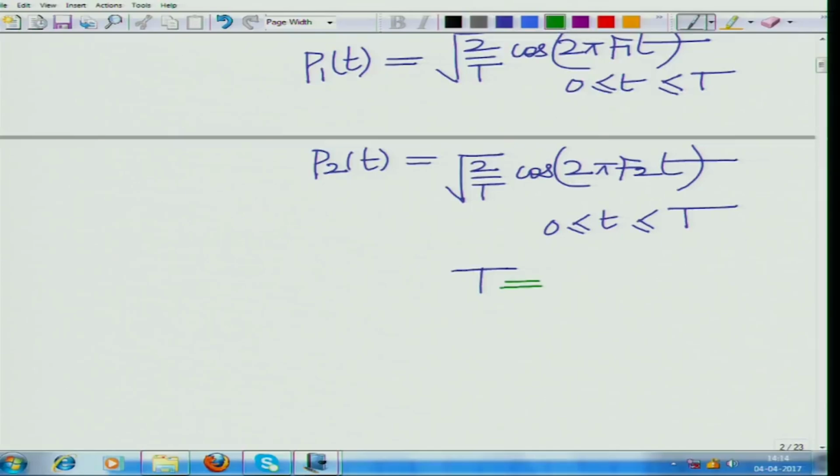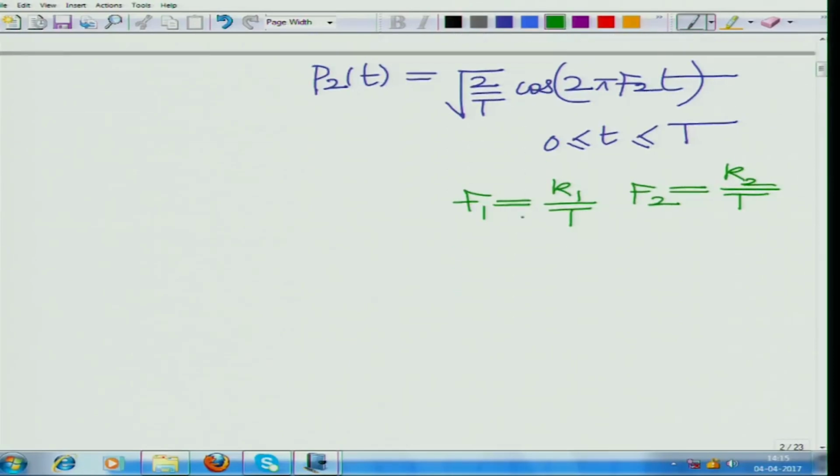And we have that T contains k1 cycles, that is f1 equals k1 over T, and f2 equals k2 over T, or T is basically k1 over f1, and this is also equal to k2 over f2.